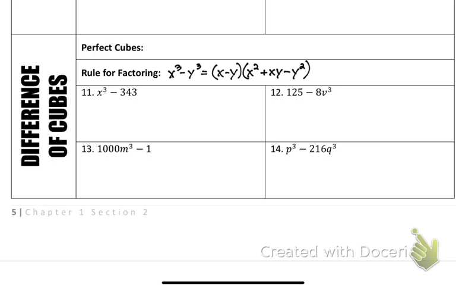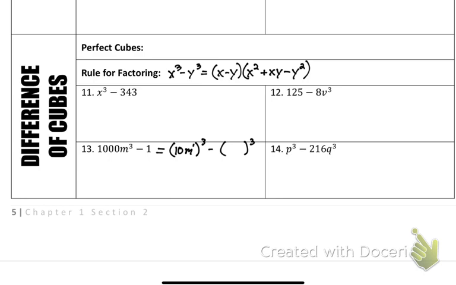All right. So I need to write this as something cubed minus something cubed. Well, the nice thing about 1,000 is it must be 10. 10 times 10 is 100, times 10 is 1,000. And then we need m to the what power when cubed would give me m to the first?